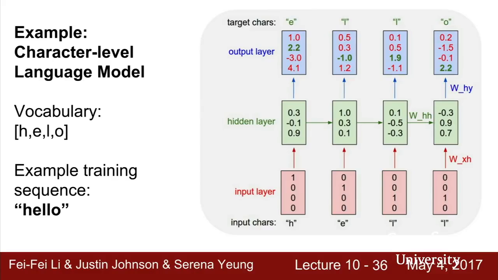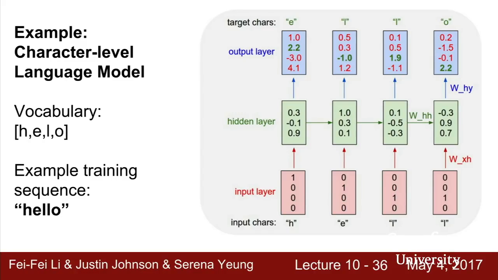Now, during the forward pass of this network, at the first time step, it will receive the input letter H. That will go into the RNN cell, and then we'll produce this output y_t, which is the network making predictions, for each letter in the vocabulary, about which letter it thinks is most likely to come next.